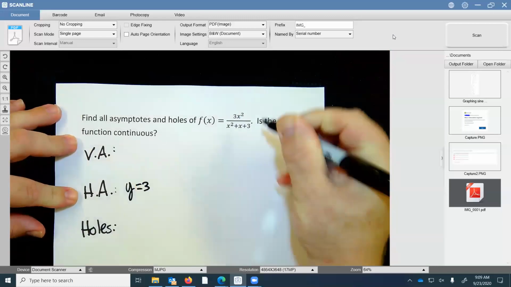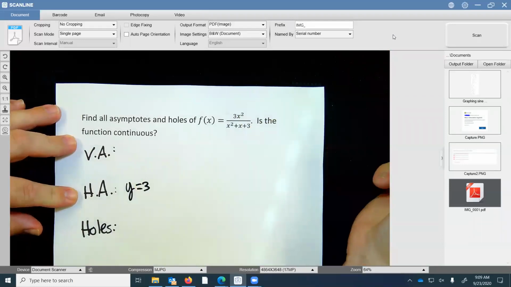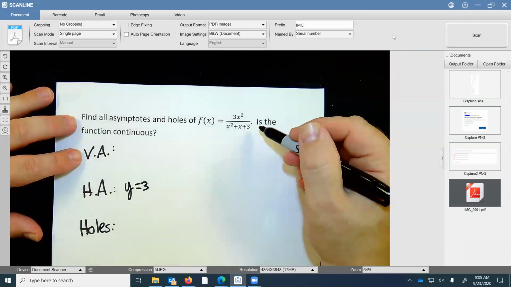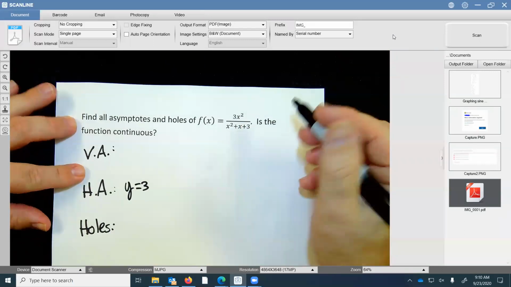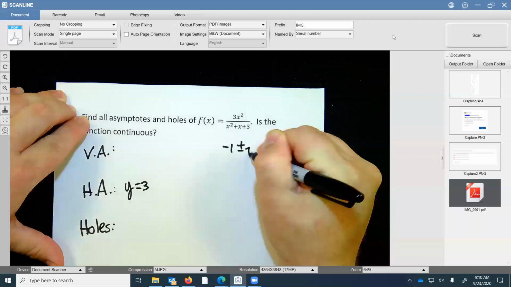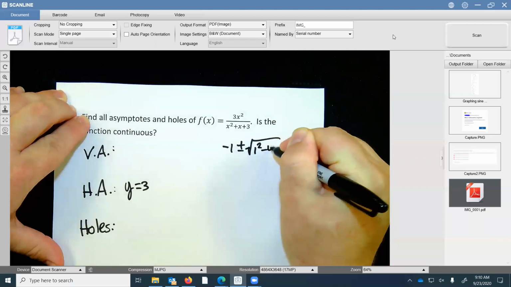Now, the vertical asymptote, we find that this doesn't factor, does it? Huh. Well, maybe it's some weird number. I'll try the quadratic formula. So negative b plus or minus the square root of b squared minus 4ac, all over 2a.